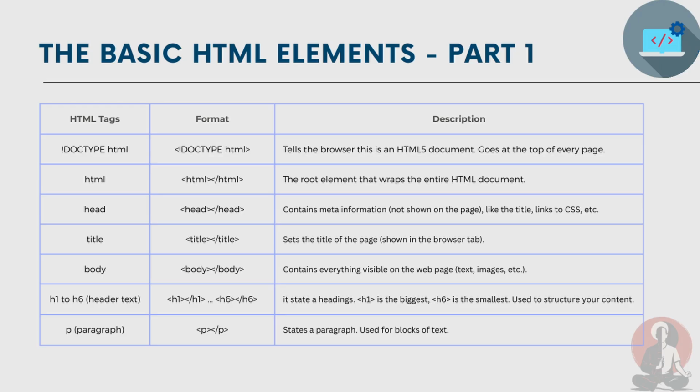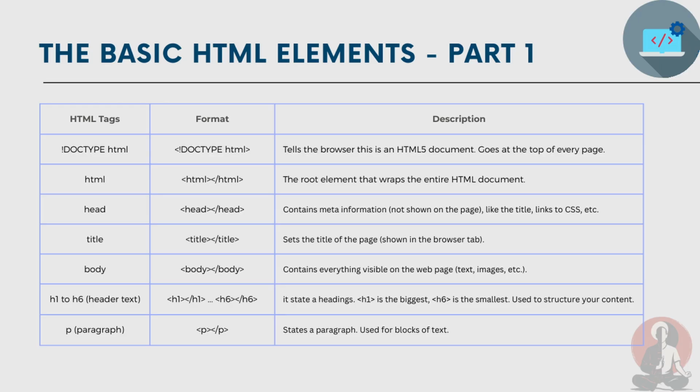It contains the meta information that is not shown on the page, like the title, links to CSS, JavaScript, etc. Then, title. It sets the title of the page, which is shown in the browser tab. And then, the body. It contains everything visible on the web page, like text, images, videos, and many more.